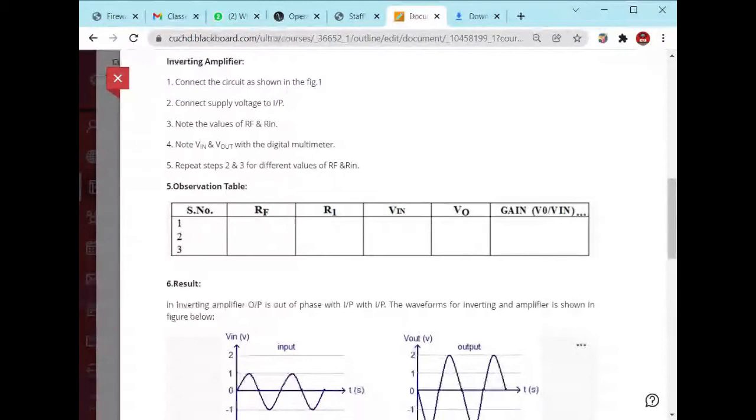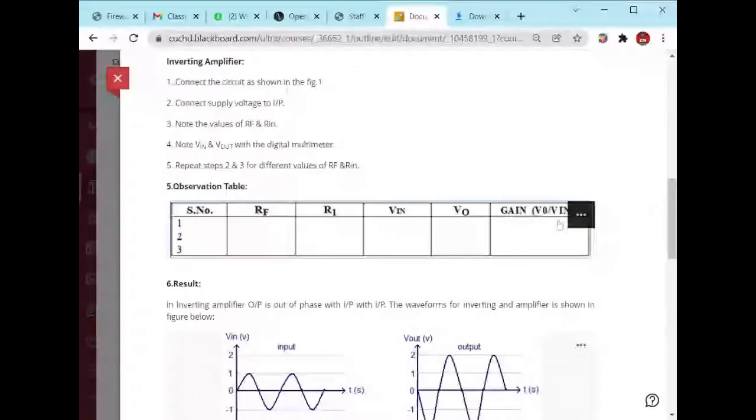Then you have to find these values for the input and output with a digital multimeter, and repeat this step for 2 to 3 readings by varying the values of RF and Rin. Firstly you take the value of RF, then R1, and you calculate the voltage level right here and find out the gain.